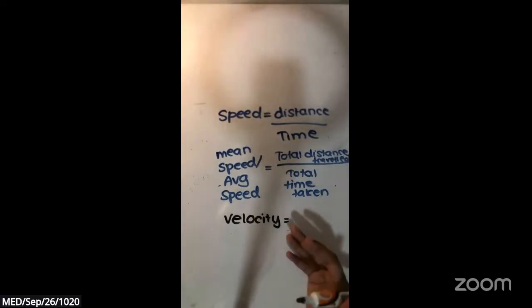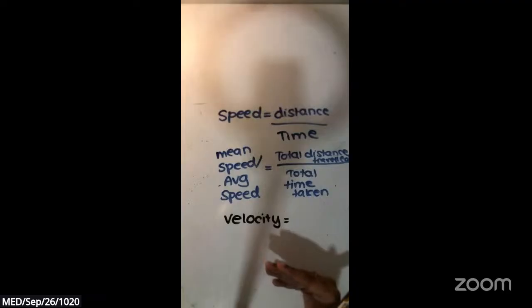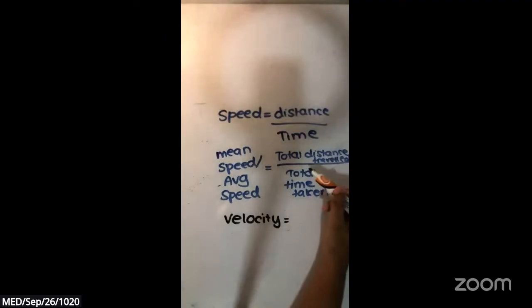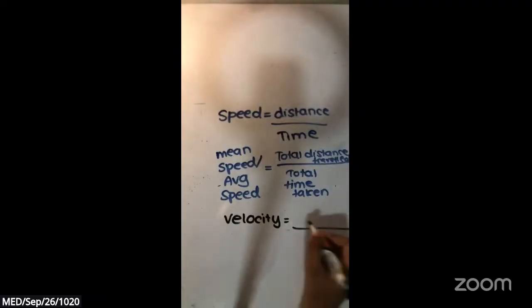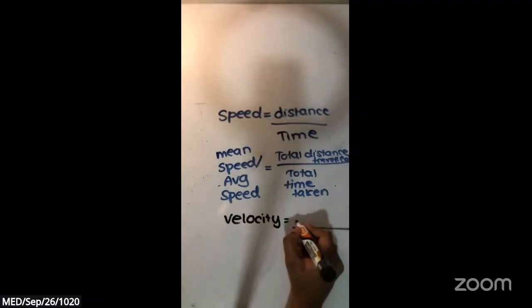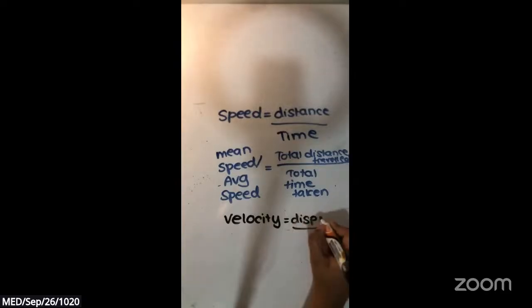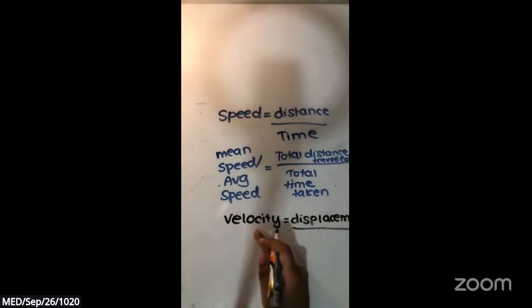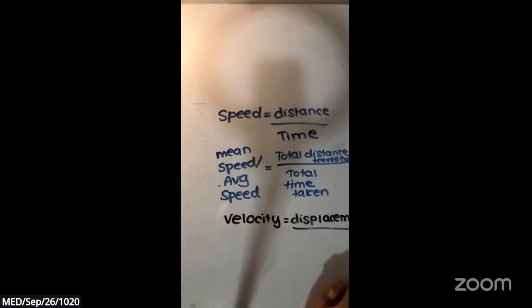So when you talk about the definition or the equation of velocity, you don't say distance over time. The top has to be a vector too. It's going to be displacement, not a distance, because velocity has direction, so displacement has to be there. It can't be a distance.